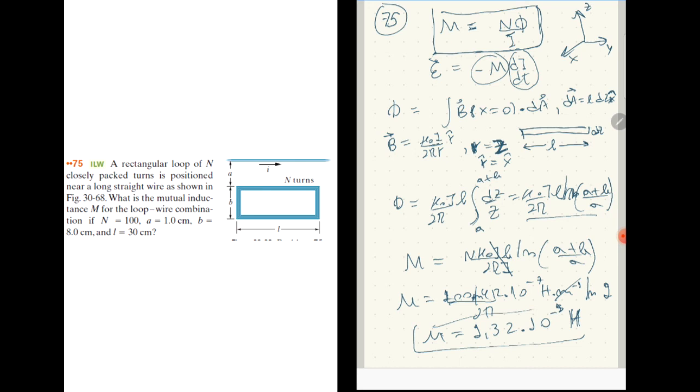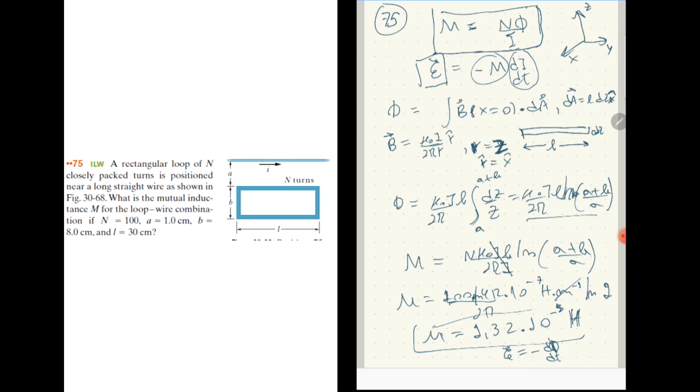The other approach we could take is actually the same thing, because anyway we would determine the magnetic flux, and from the magnetic flux we could determine the electromotive force, which is the negative of the derivative of the flux.